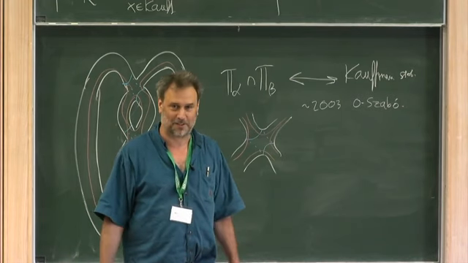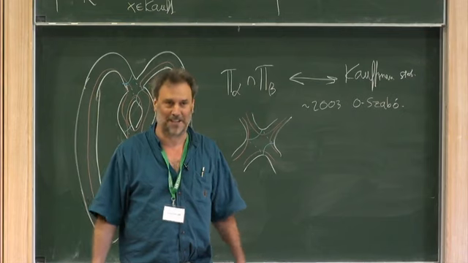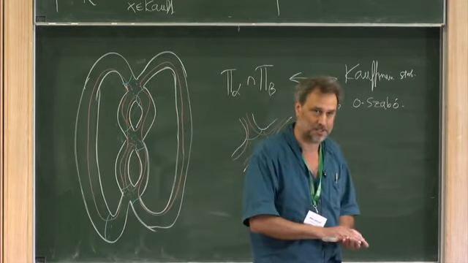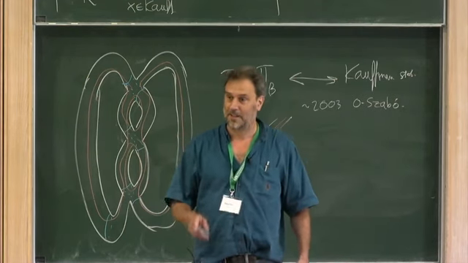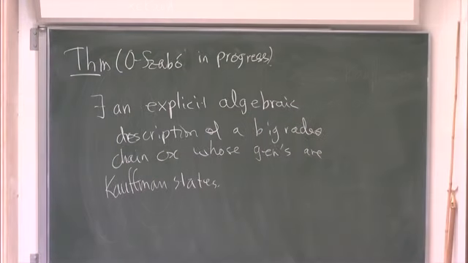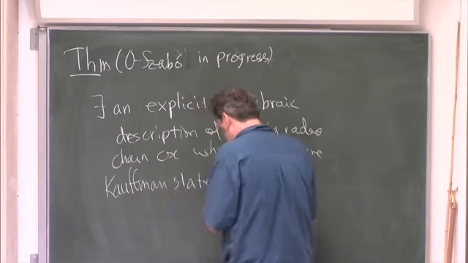At the end of my talk, you're going to realize that I haven't actually given you the explicit description, but I will give you ingredients that go into this explicit description. Yes? This version of the theorem is not in progress. We have written 2 papers on this theorem. Whose homology?